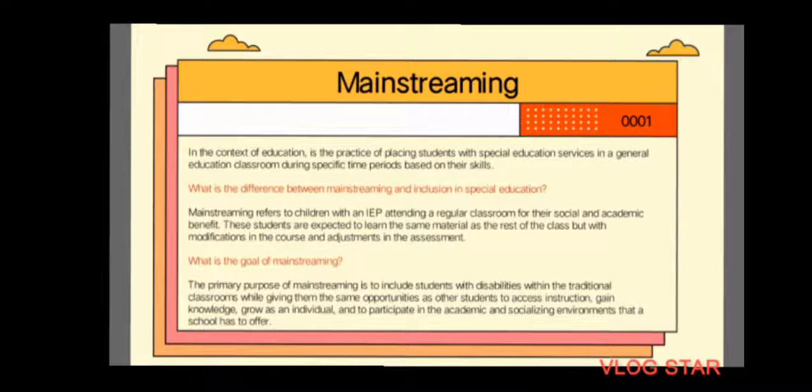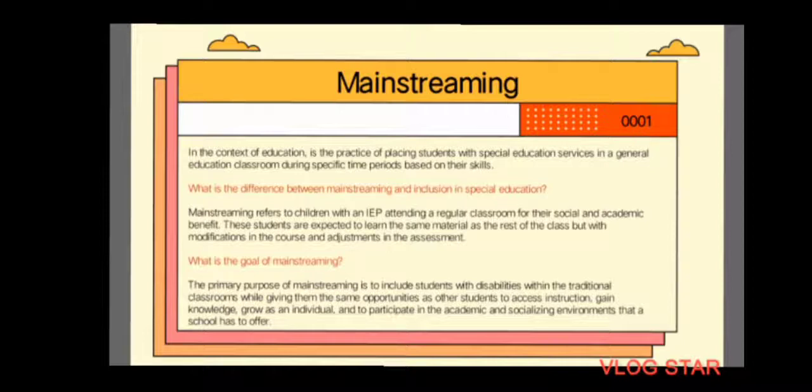Inclusion refers to children with an IEP attending a regular classroom for their social and academic benefit. But these children are not expected to learn the same materials as the rest of the class. So, the difference is that in mainstreaming, students are expected to learn the same materials as the rest of the class, but in an inclusion setting, they are not expected to learn the same material as the rest of the class.